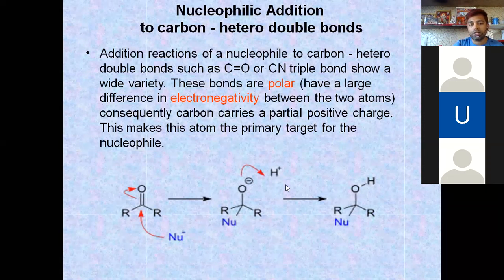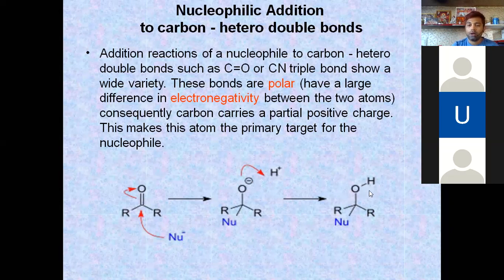This reaction takes place in acidic conditions. So the oxygen will attack a hydrogen ion and form a covalent bond with the hydrogen. So this is the alcoholic group.